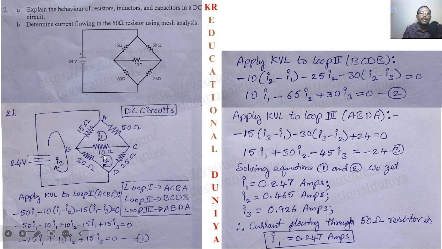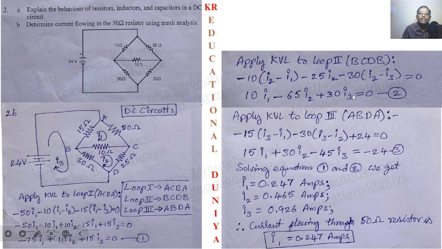So minus 10 (I2 minus I1), again minus 25 (I2 minus I1), again minus 30 (I2 minus I3) is equal to 0. So this is the second equation. From this we have to solve the equations, and we have to write them in the form of I1, I2, I3 equal to a constant. You have to write that form properly.